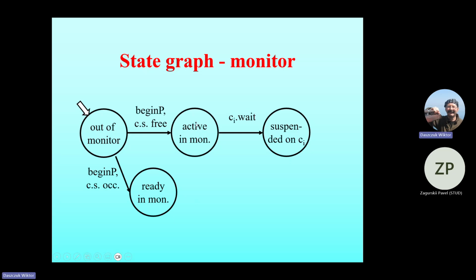When the process is active, that means it works in a monitor, and it decides that it cannot continue because some condition needed to proceed is not met, the process waits on a condition variable ci. After this operation, a process becomes suspended on variable ci.